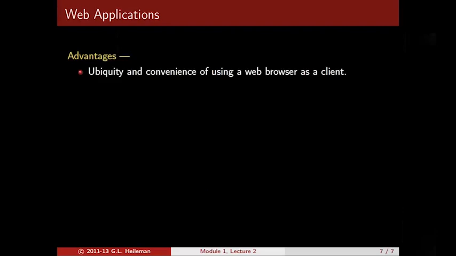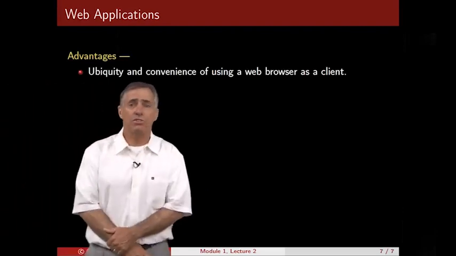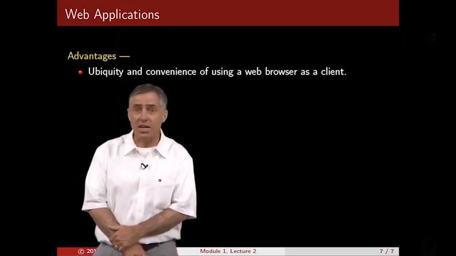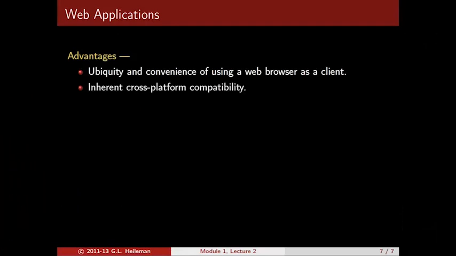So what are the advantages of web applications? Well, they're ubiquitous. Everybody has a browser on every device that you own, and so it's very easy to access web applications using a browser as the client. There's inherent cross-platform compatibility. It wasn't that long ago that you had to purchase software that ran either on Windows or on a Mac or some other platform.